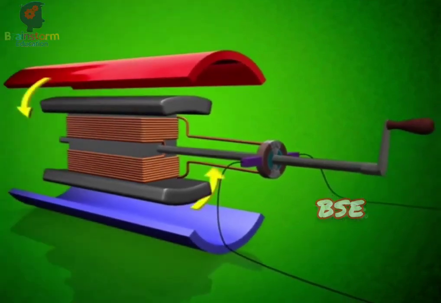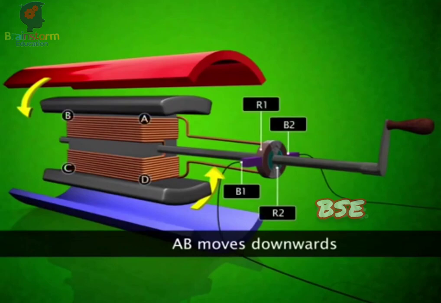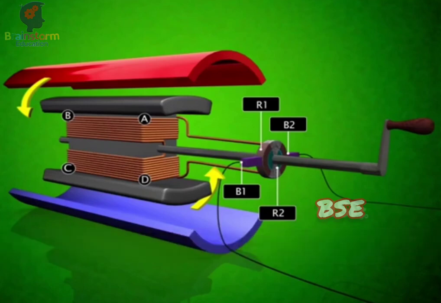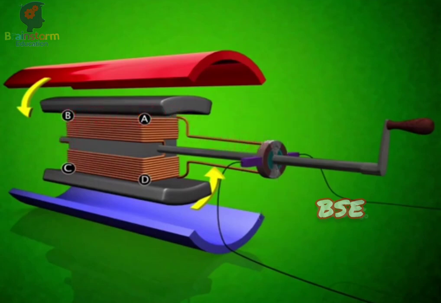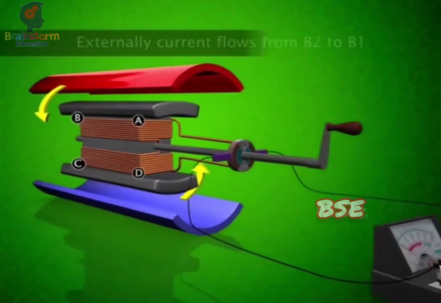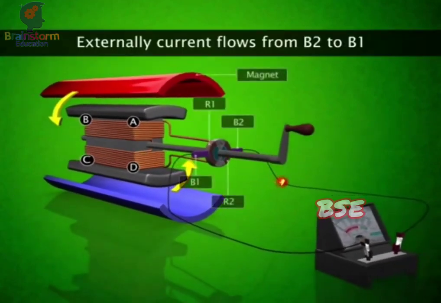When the coil rotates, then arm AB will move downwards and arm CD will move upwards. The current will flow in the direction DCBA and onwards to R2. Externally, this current flows from B2 to B1, since R2 is in contact with B2.